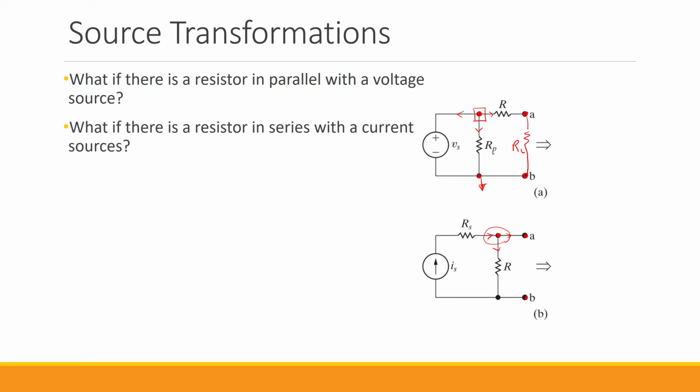If you completely eliminate that, that current is completely gone, right? But in terms of what this RL is seeing, RP being there or not being there doesn't matter. So keep that distinction in mind.